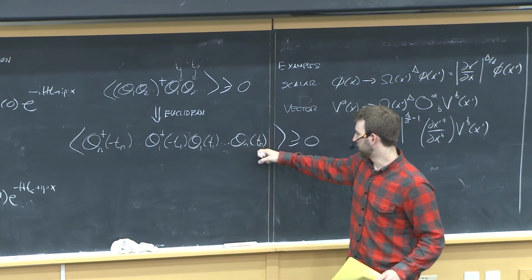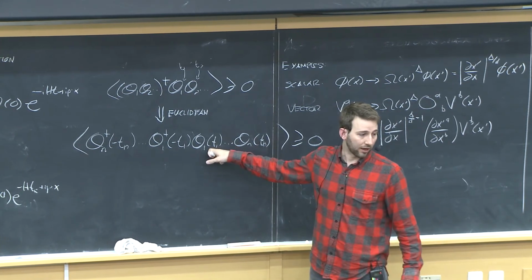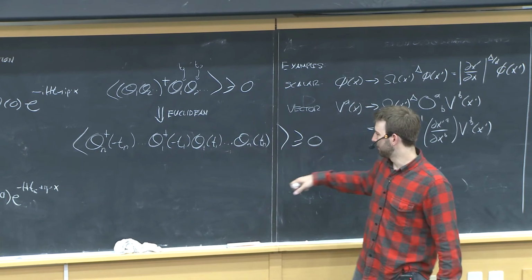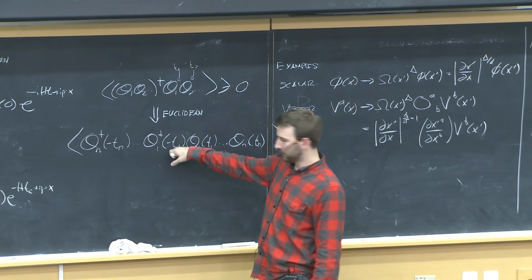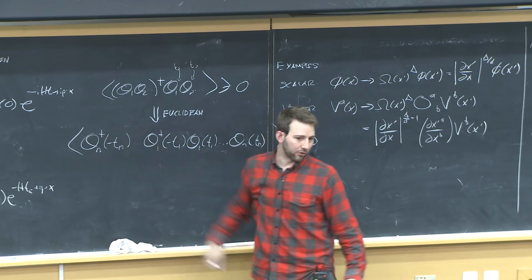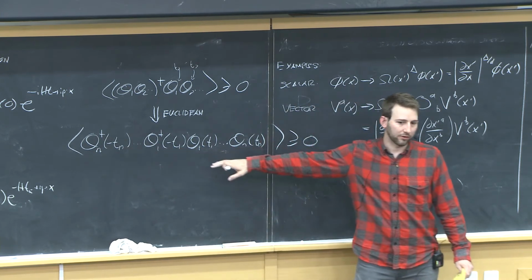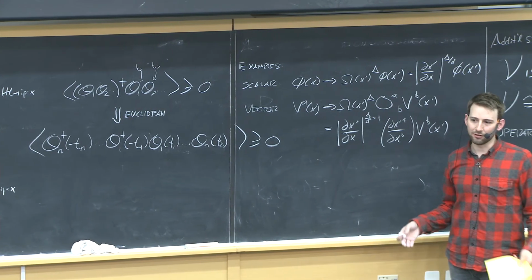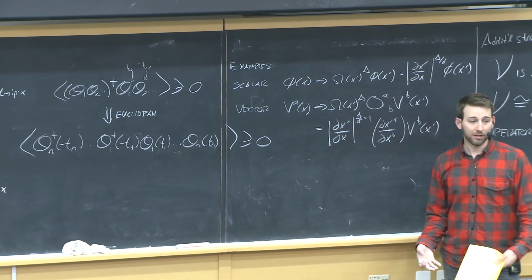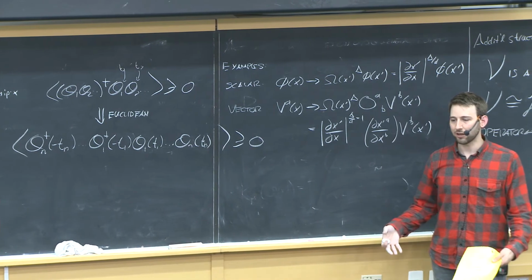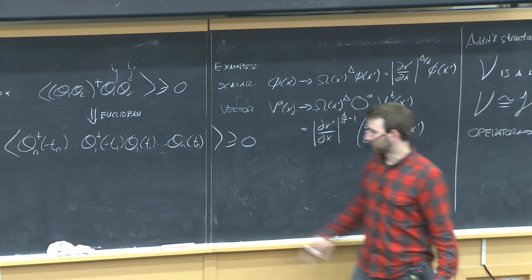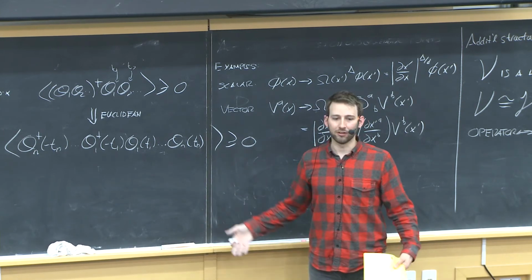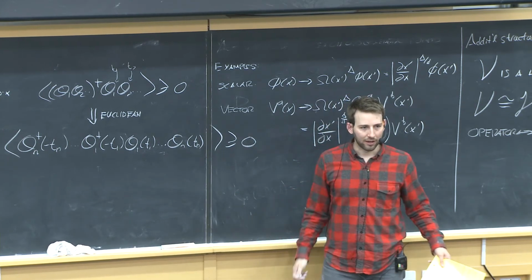And now, if these things are Euclidean time ordered at negative time, which I didn't say but is what you should do, then when you get to the middle, you flip, and then you continue in Euclidean time ordering. So this is a Euclidean time ordered correlator. One of the beautiful things about analytically continuing to Euclidean signature is that the things that you need to compute norms of states and to check unitarity are the things you want to compute. They are Euclidean time ordered correlators, which are just ordinary Euclidean correlators, not some weird out of time order jazz.